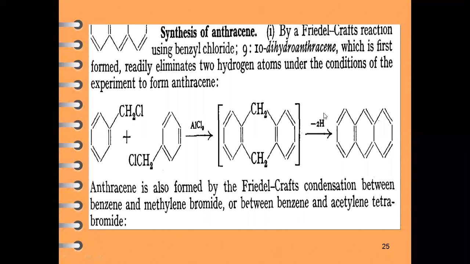With the removal of these two hydrogen atoms, the fused third middle benzene ring is obtained, and anthracene is formed. So this is the first method for the synthesis of anthracene, by benzyl chloride condensation.